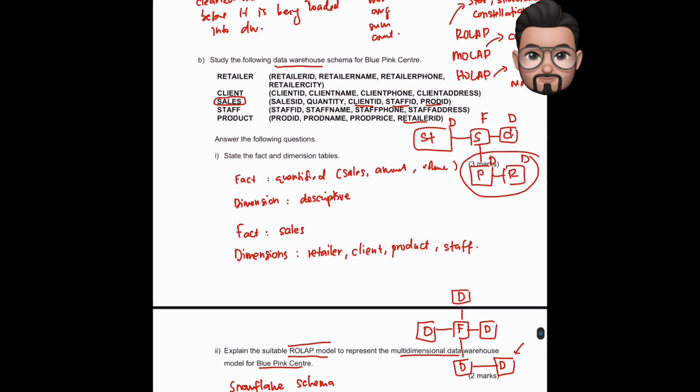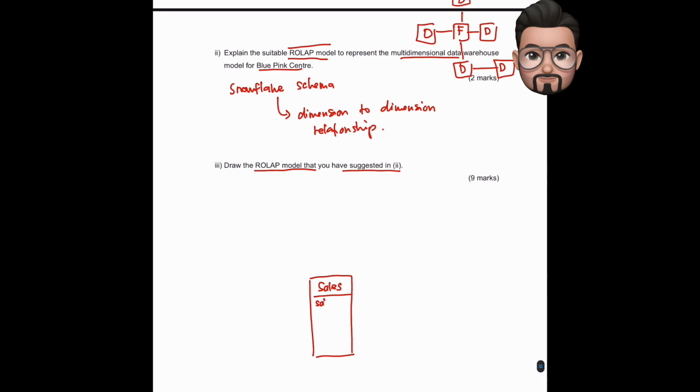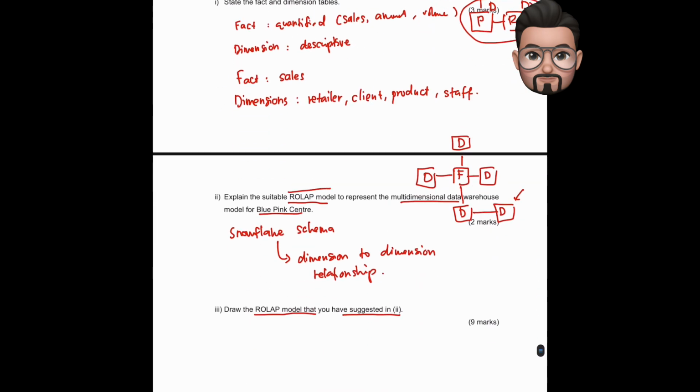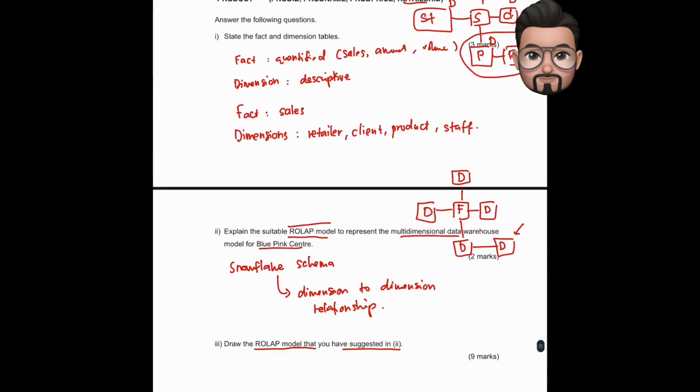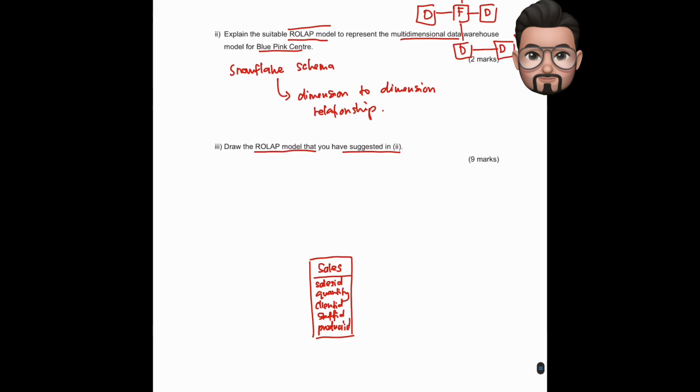Just write sales ID, quantity. Then we have client, staff, product: client ID, staff ID, and product ID. The name is prod ID, product ID.